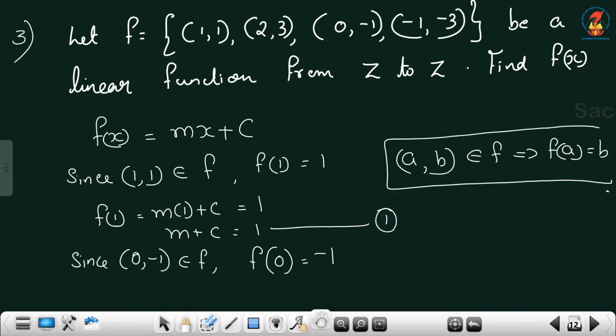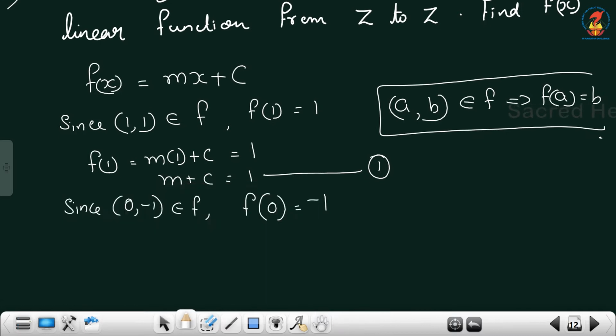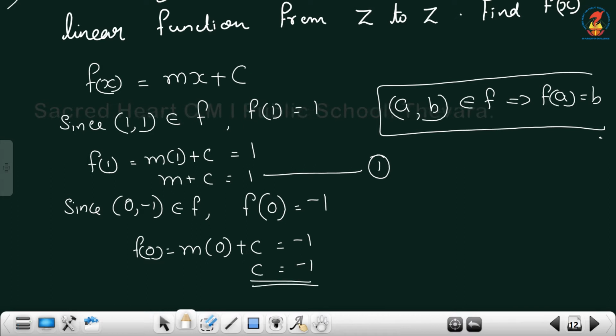Now substitute 0 in the function. f of 0 means m into 0 plus c, that's equal to minus 1. M into 0 is 0 itself, so c is minus 1. So from the first equation, m minus 1 is equal to 1. Therefore m is equal to 2.